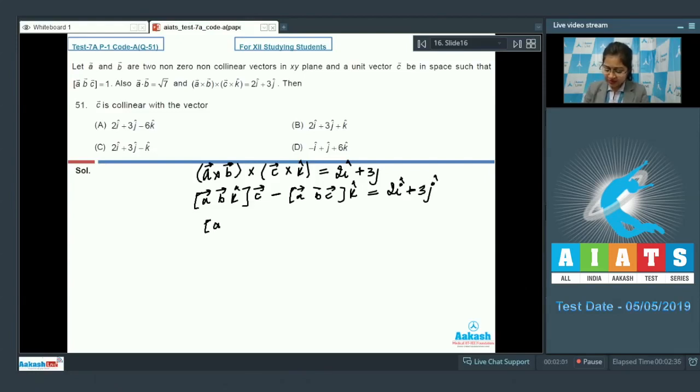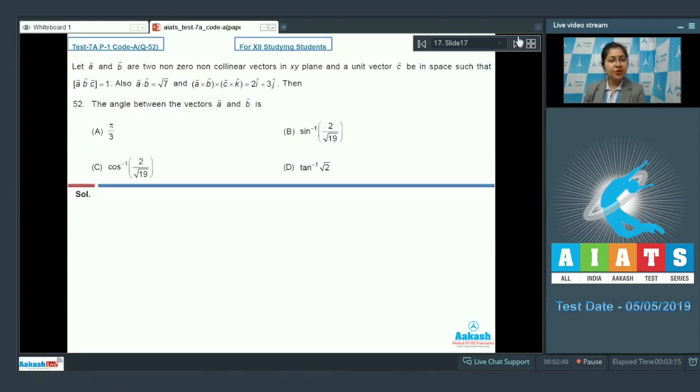So, the scalar triple product [A, B, C] is given to be equal to 1. So, taking minus K cap on the right hand side, this is equal to 2I cap plus 3J cap plus K cap. Here it can be seen that the scalar triple product is a scalar quantity. So C vector is collinear with the vector 2I cap plus 3J cap plus K cap. So option number B is the correct answer.